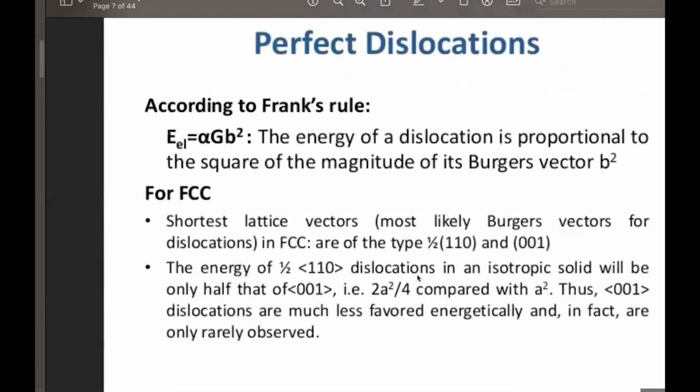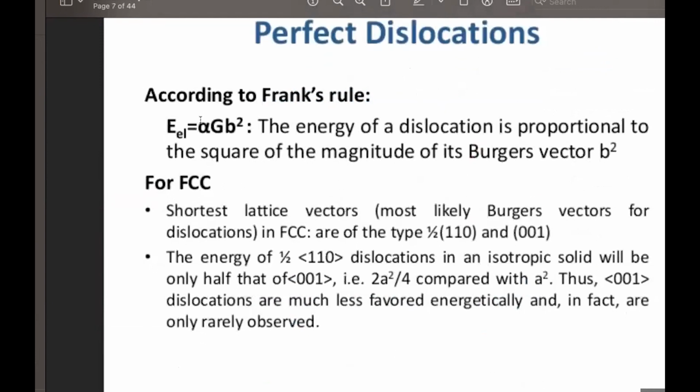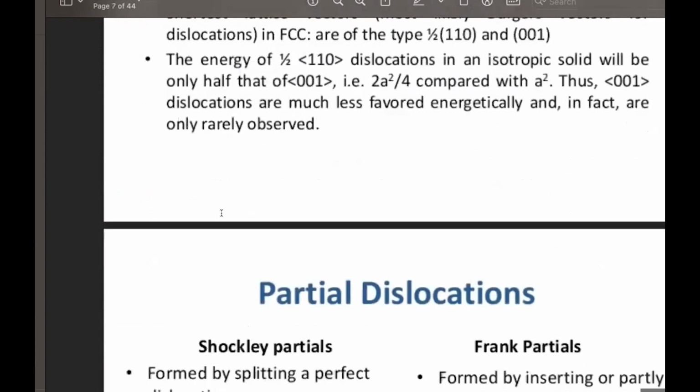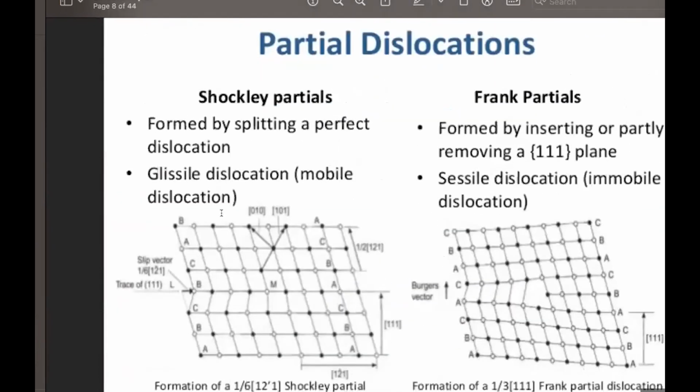Basically, Frank's rule suggests that a constant times G times B squared will give us the energy of dislocation. And the energy of dislocation is just proportional with B squared. So once we have any edge or screw perfect dislocation, they dissociate into some partial dislocations.